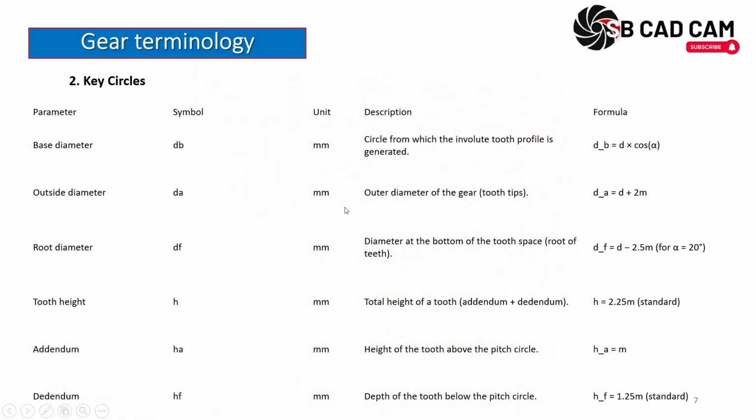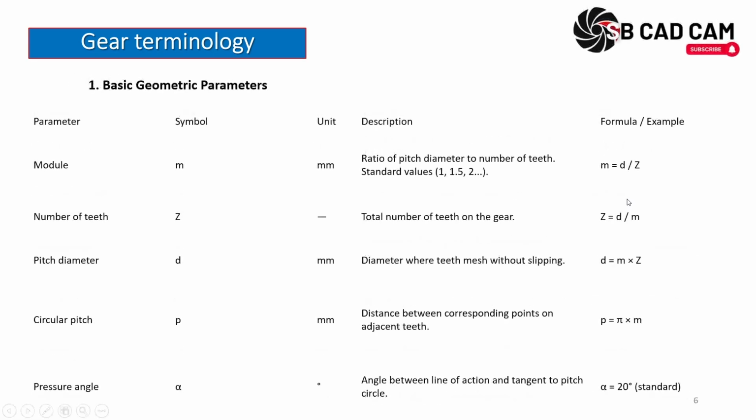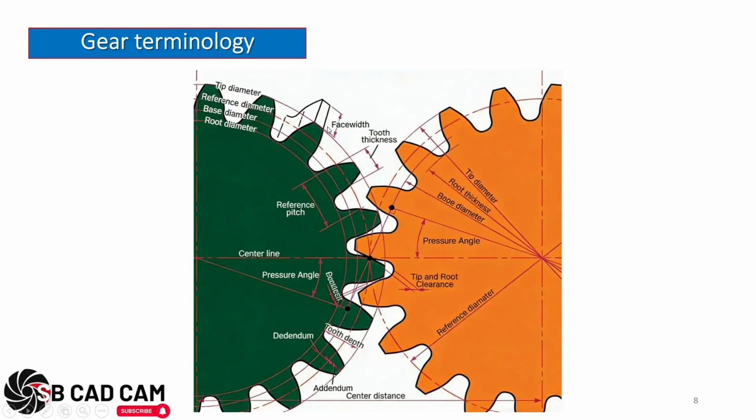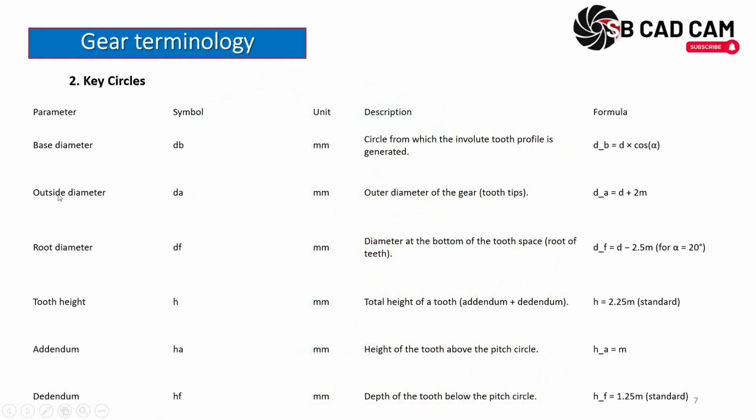We have also the outside diameter, or the outer diameter of the teeth. We can calculate it by using that law. It is the reference diameter or the pitch diameter plus 2 times the module. So it is here, the tip diameter or the outside diameter. We can use the two names.